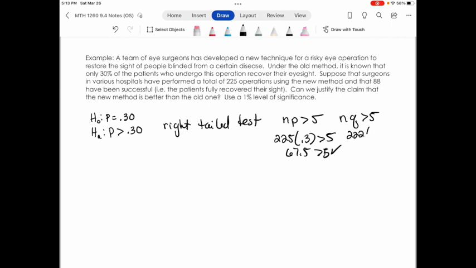When we take that and multiply it, we get 67.5. So that works. Now let's check our q. So we have 225 times the complement of p, which is 0.7, and we want to see if that's greater than 5. When we take 225 times 0.7, that's going to give us 157.5, which is also greater than 5. So this works, which tells me I can use the normal distribution here.